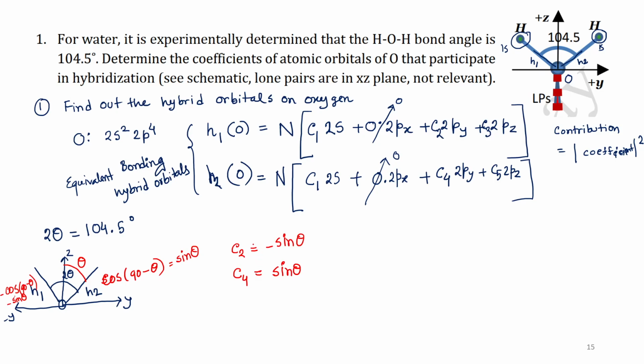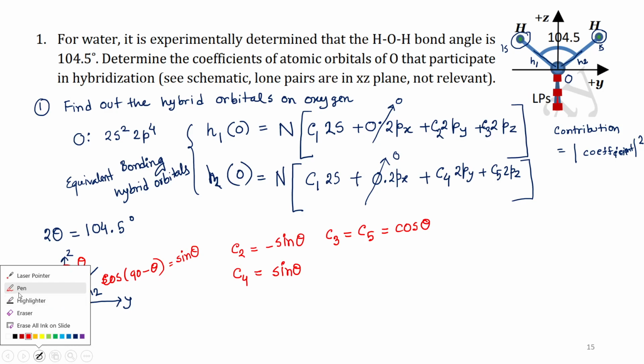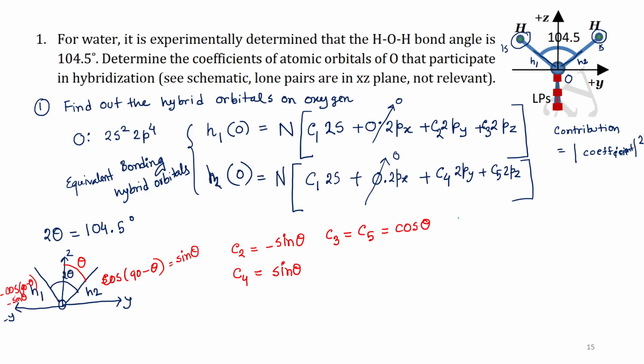And what about the z-axis? The z-axis has directly cos theta, and this is also the same, the plus. Minus z is along this side and it is plus z, so it is also going to be cos theta. So C3 is equal to C5, that is cos theta. But we don't know the value of C1, so we'll keep it as C1.